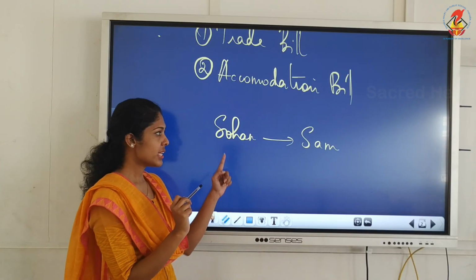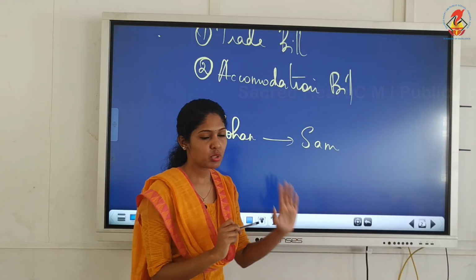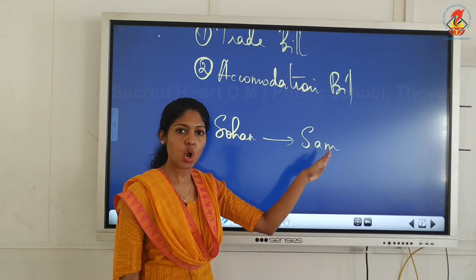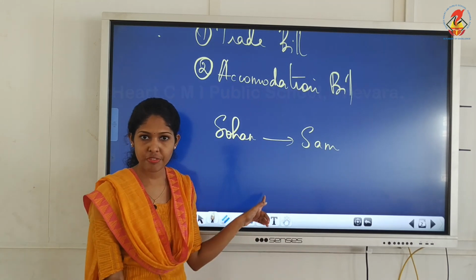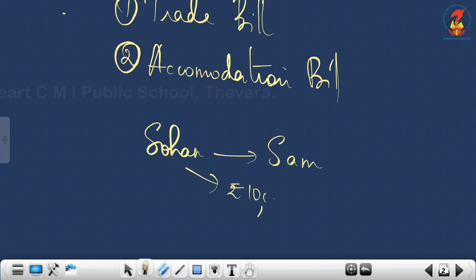Okay, so Sohan is asking Sam to give him some money, but right now Sam is not in a position to give his friend that amount he asked. Suppose Sohan is asking rupees 10,000. Sam is not in a position to give this 10,000 to Sohan.